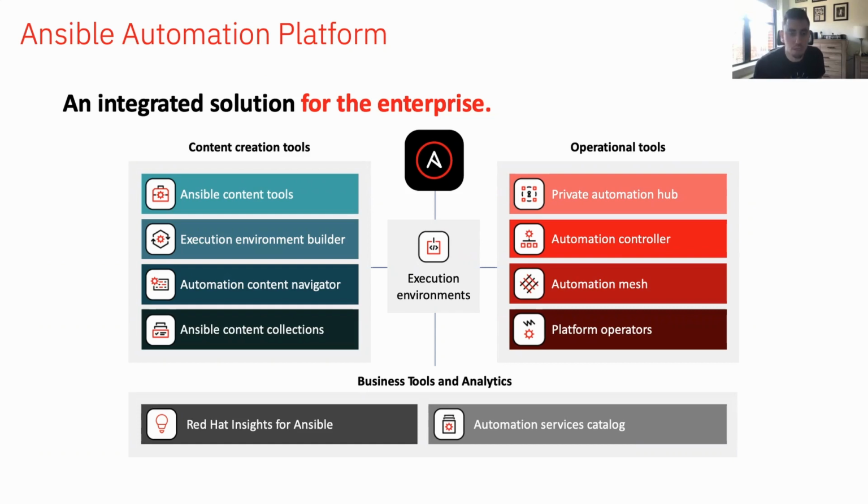Urban Code Deploy is very similar to that, I will say, although I don't think there are as many direct integrations across the two. You can use Ansible for application deployment, but it's not what it's built for, right? It's really built more for automation, and Urban Code Deploy is really built to be an application deployment tool.